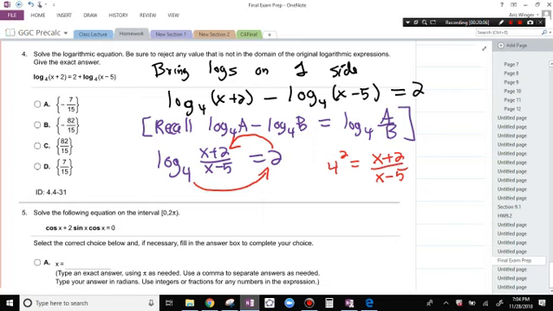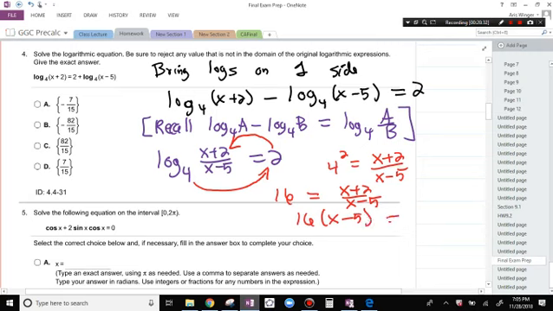I'll take any questions up until this point. So we bring the logs all on one side, leave the 2 over there, use the log rule to turn the subtraction into division, invoke the definition that the log is the power you need to raise 4 to in order to get this. That allows us to drop the log, and now it's just algebra. 16 equals x plus 2 over x minus 5, or cross multiply: 16 times (x minus 5) equals x plus 2.